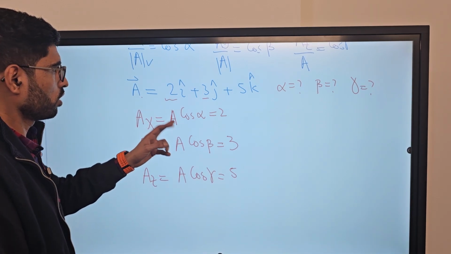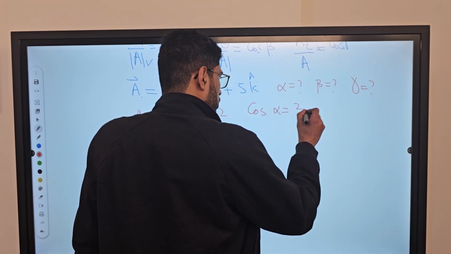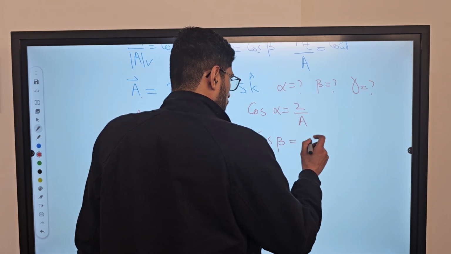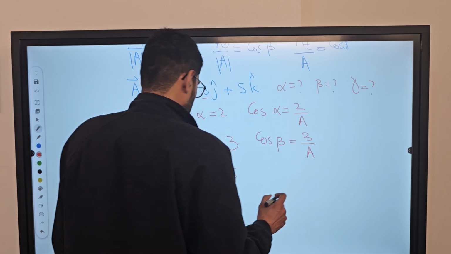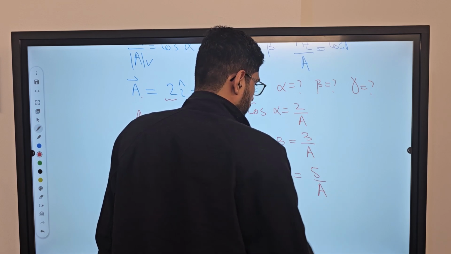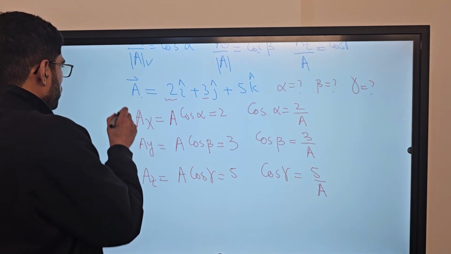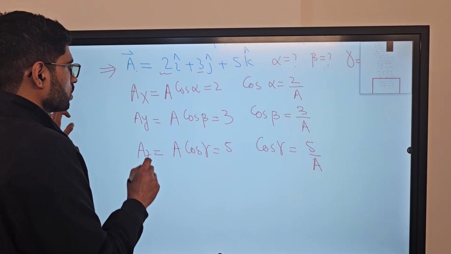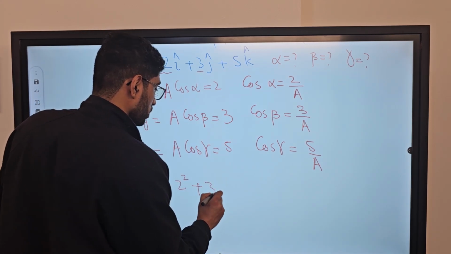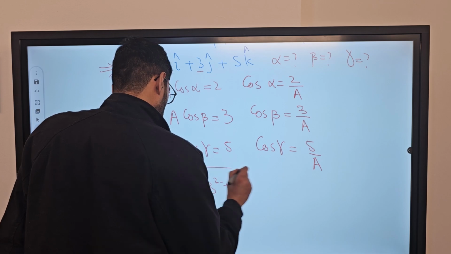Since we want to find angle alpha, beta and gamma, cos of alpha will be equal to 2 divided by a magnitude, cos of beta will be equal to 3 divided by a magnitude, and cos of gamma is equal to 5 divided by a. Now we only need to find a magnitude using this vector. We can say that a magnitude is equal to 2 square plus 3 square plus 5 square under the square root.